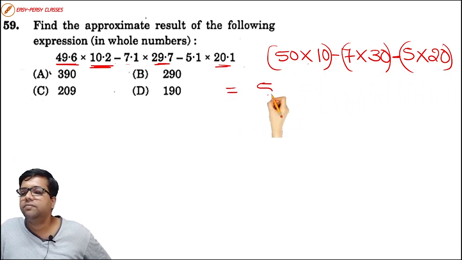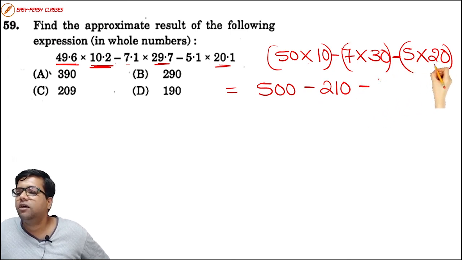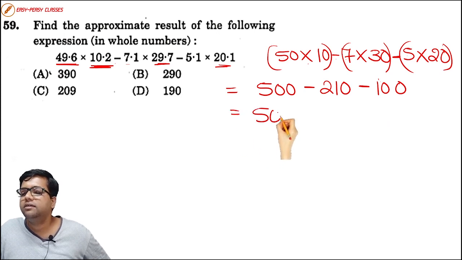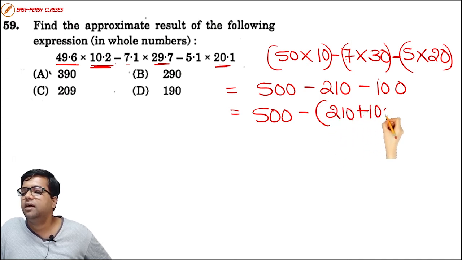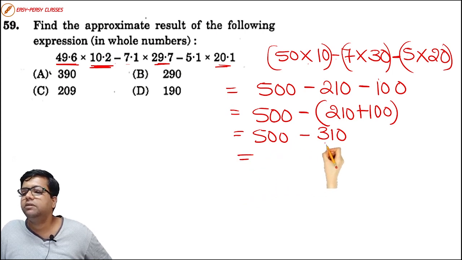50 tens are 500 minus 7 3s are 21, 7 30s are 210 minus 5 20s are 100. Okay, so 500 minus 210 minus 100, you take the minus common, what will it become? 500 minus 310, what will it be?